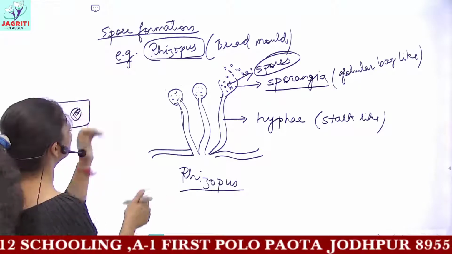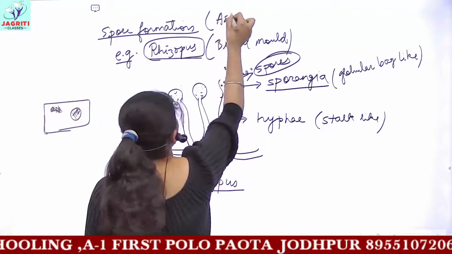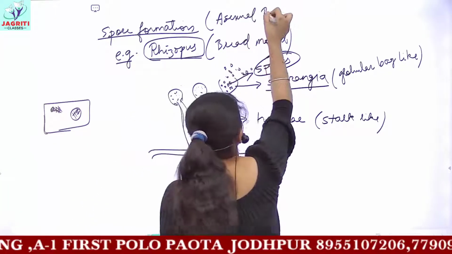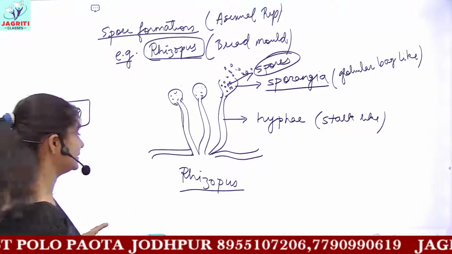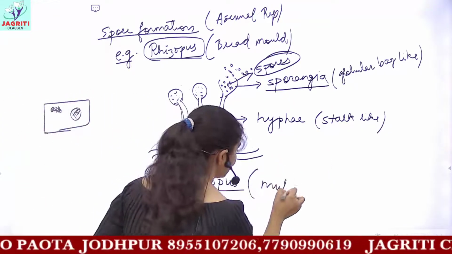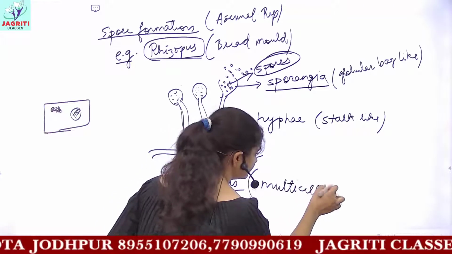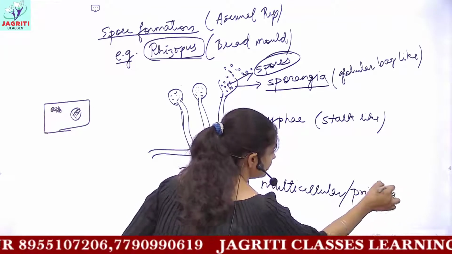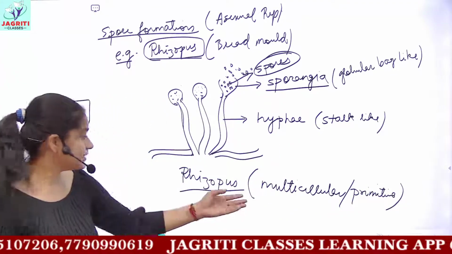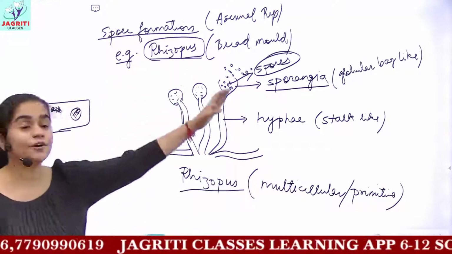So this is again a type of asexual reproduction which is observed in multicellular lower organisms. Remember, Rhizopus here is a multicellular organism, but it is a primitive, that is less developed organism. So this is Rhizopus, and this is the mode of reproduction.